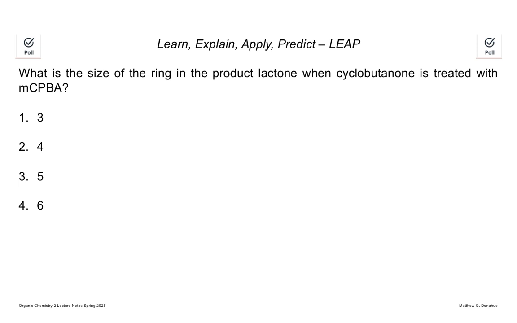So it says, what is the ring size of the product when you start with cyclobutanone? What is that?